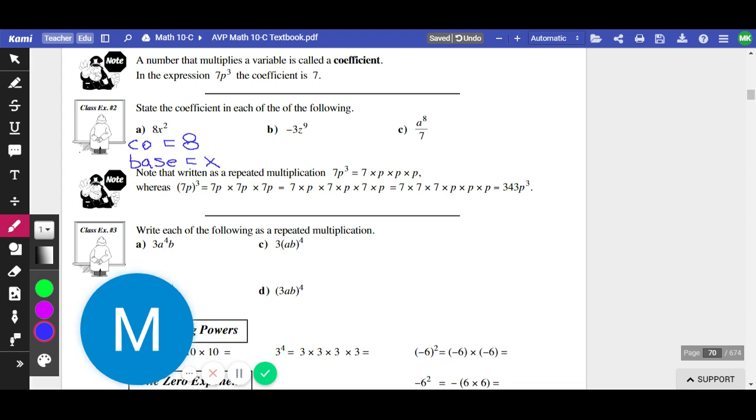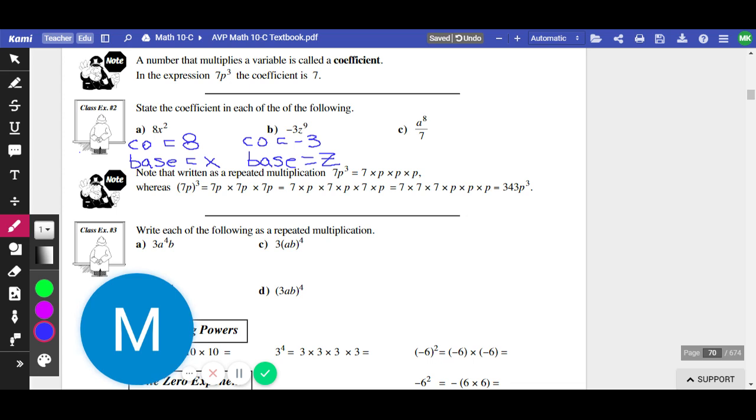All right, we look at b. The coefficient on b is -3. The base is z. The last one's a little bit tricky.